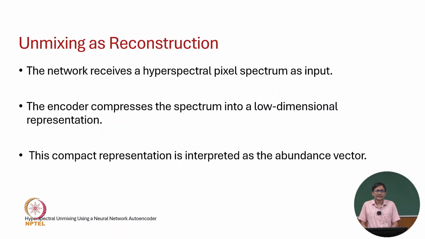The encoder compresses the spectrum into a low-dimensional representation. This representation, of course, has to be decoded by a decoder. However, this low-dimensional compact representation is interpreted as the abundance vector. And to interpret this as abundance vector, of course, we need to enforce some additional conditions on them, such as non-negativity and so on.